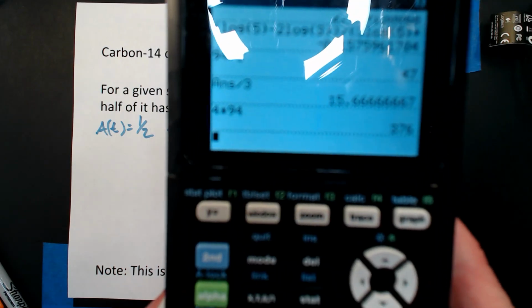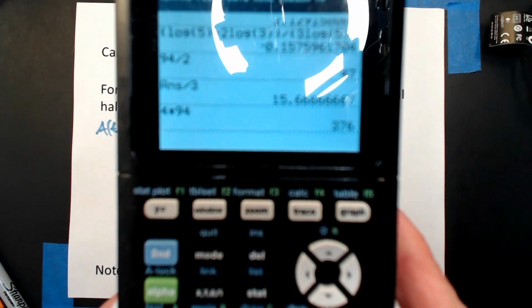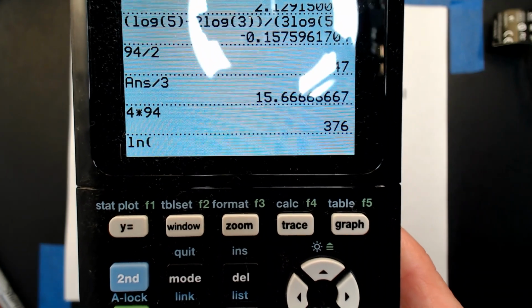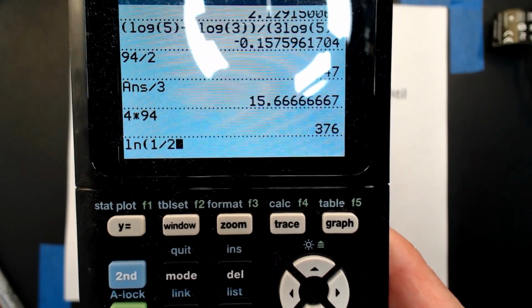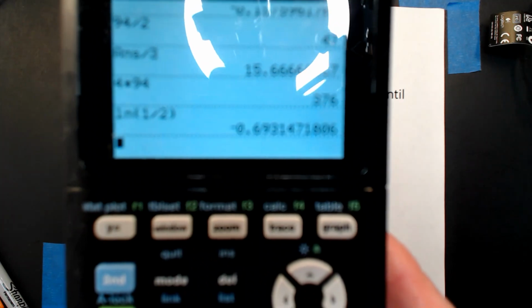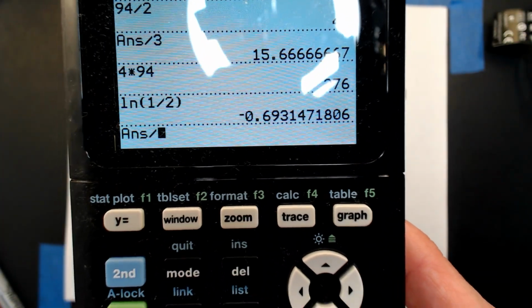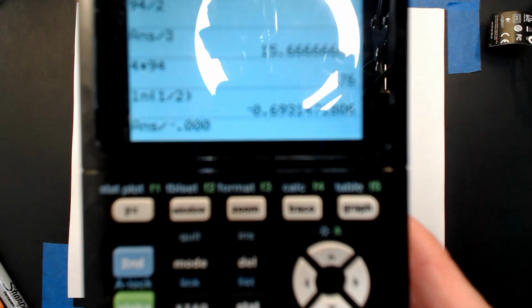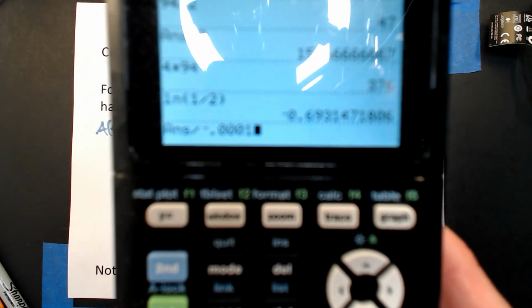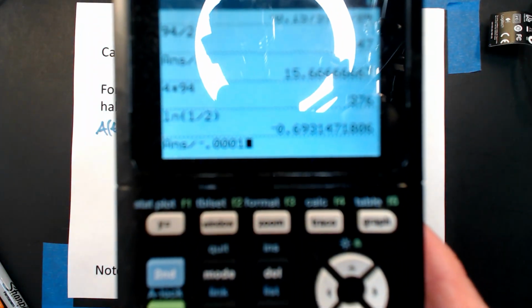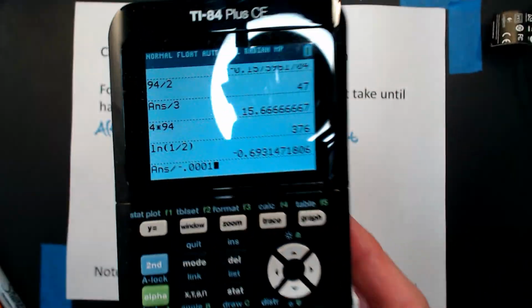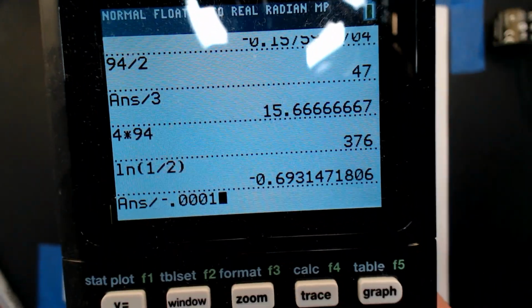So we're going to have natural log of 1/2. You could say 0.5, that's the same as 1/2. Enter that, and I'm going to divide that by negative 0.000121.